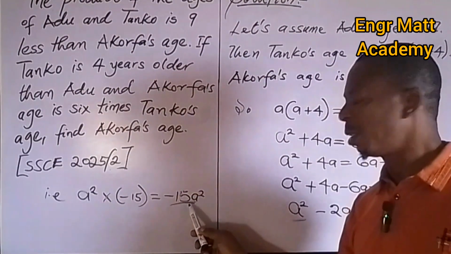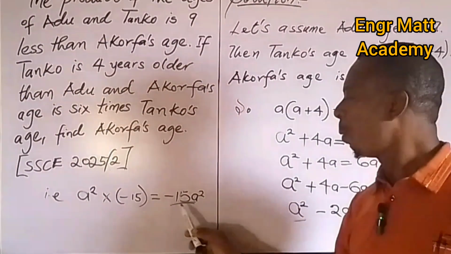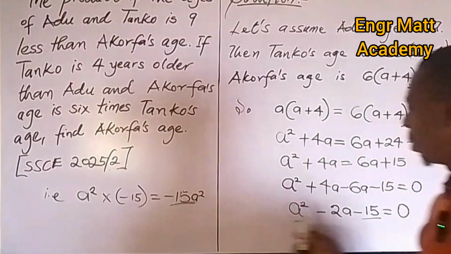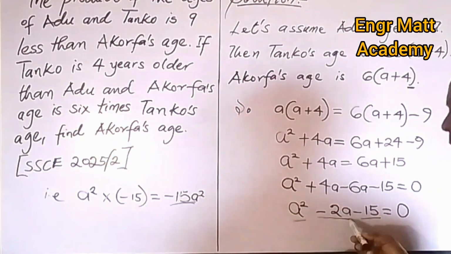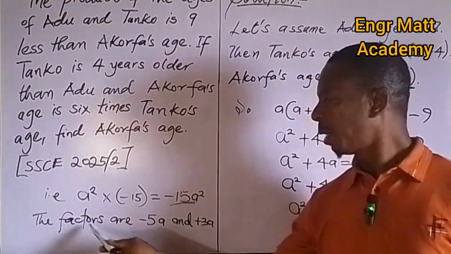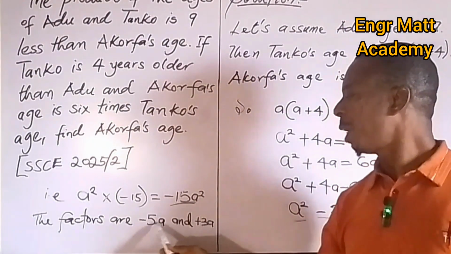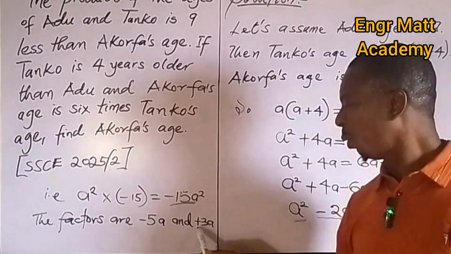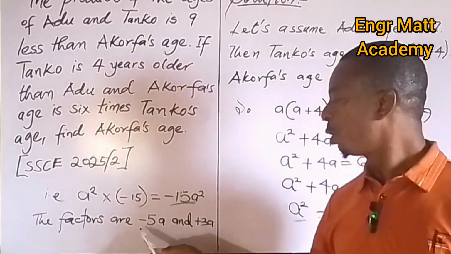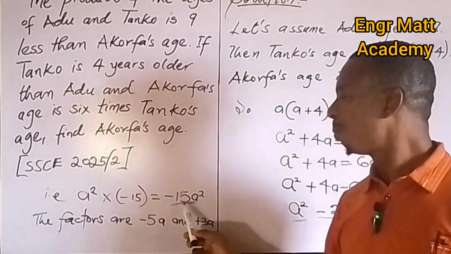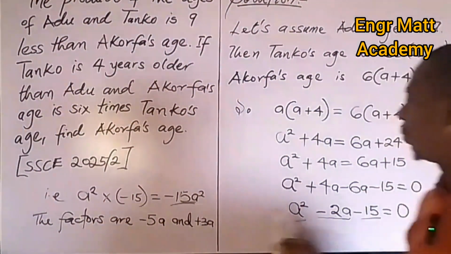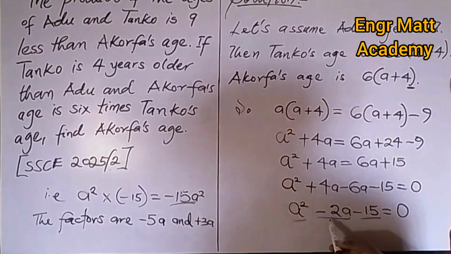Having got this, we now look for two factors of minus 15a squared that will give us minus 2a when we add them. The factors are minus 5a and plus 3a. Why? Because when multiplied, we get minus 15a squared, but if we add them, we get minus 2a.